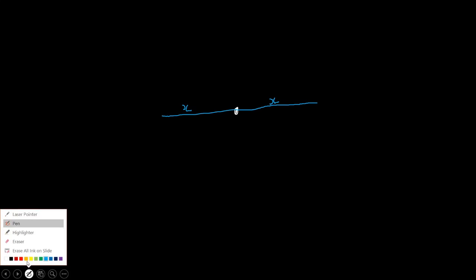A force of magnitude F is applied on this side, and another force is upward and this one is downward, and both magnitudes are F. Then it is known as a couple. If two forces are acting from equal distance in opposite direction from a point, then at that point a couple of force F is acting.